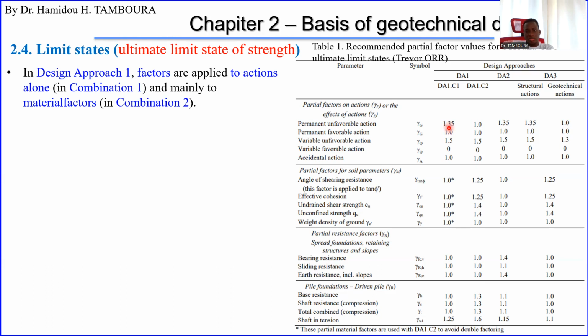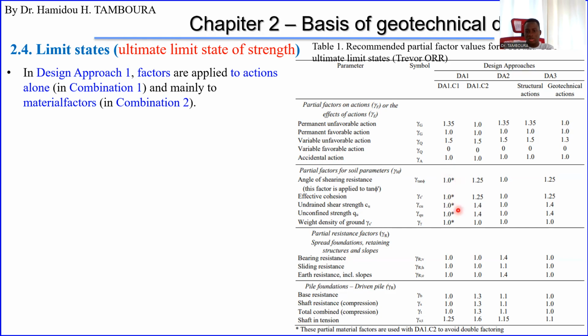For material, as you can see in design approach 1, combination 1, we have partial factors applied to the action or effect of action, but for material it is just 1, 1, 1, 1, 1, 1.